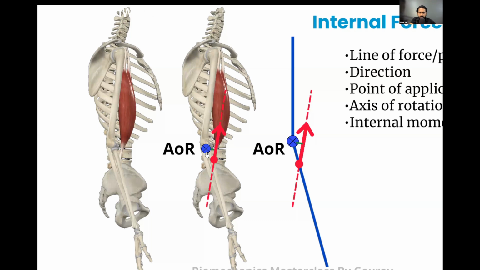So basically, the bicep muscle has the ability to rotate my forearm hand segment about this elbow joint axis. What is this ability known as? Let me know in the chat. This ability is known as torque, which means the bicep muscle is also producing torque.